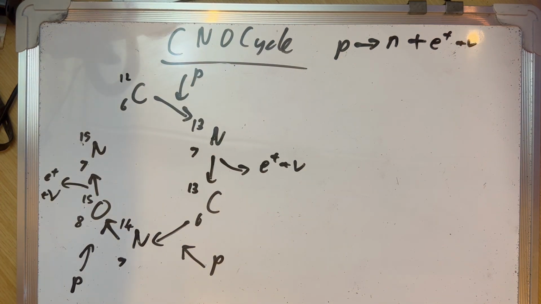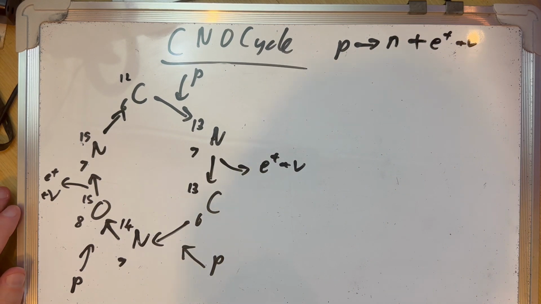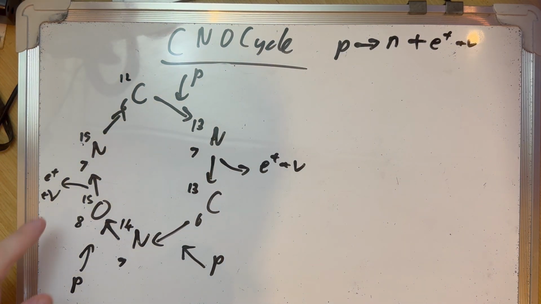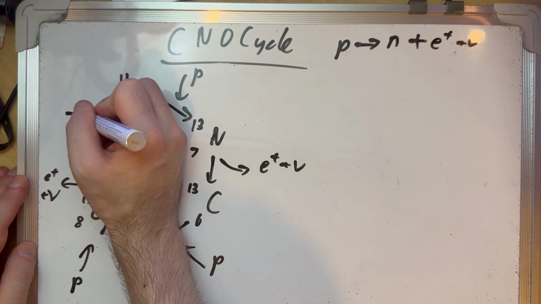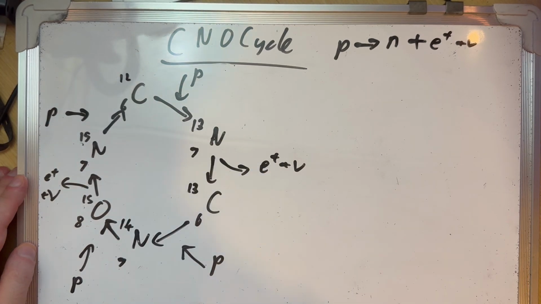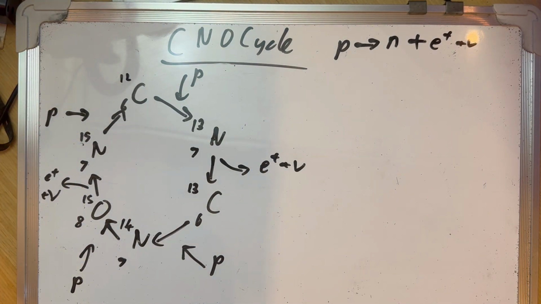So now it's only got this one step left. How is it going to get along there? Well, we're on to nitrogen 15. What's the most likely thing to happen? It's going to be joined by a proton again. Now that would make it 8, 16, which would make it oxygen, which is stable, and yet with all that energy flying around, it could just decay.